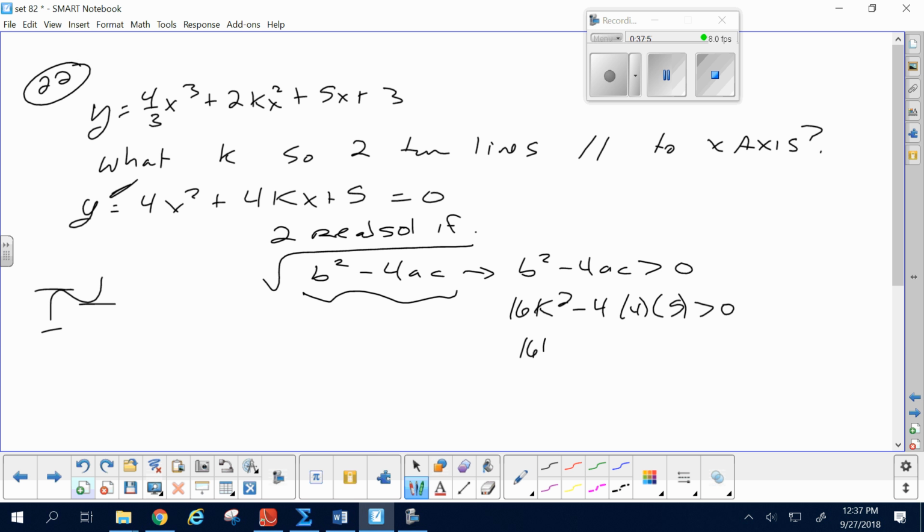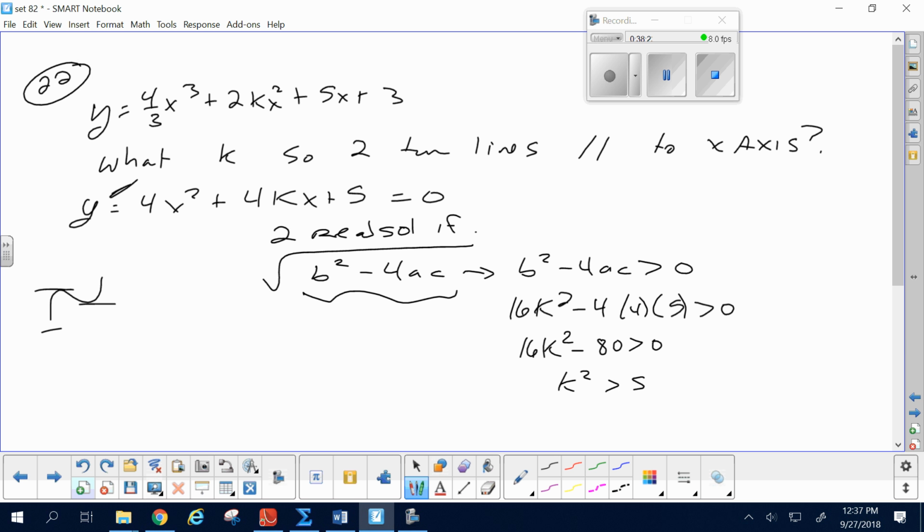So 16k squared, what do you got there, minus 80? It'll be equal to 0 as well. Good question. If it's equal to 0, how many tangents will you have? You'll just have one. Yeah, there'll be two, but it'll be a double root, so it won't be unique. So yeah, it has to be strictly greater than. So k squared must be greater than 5.